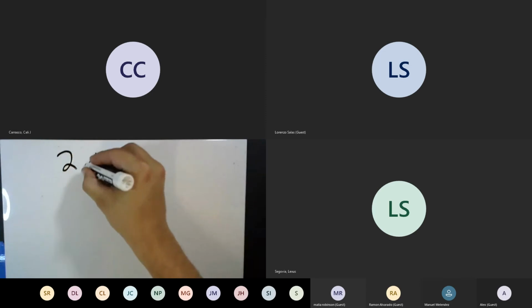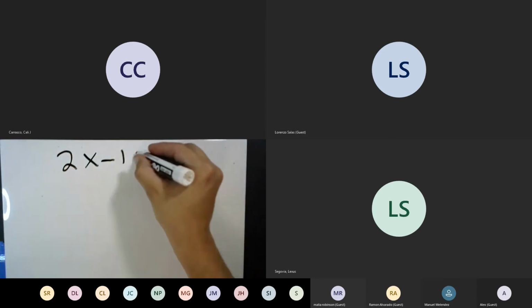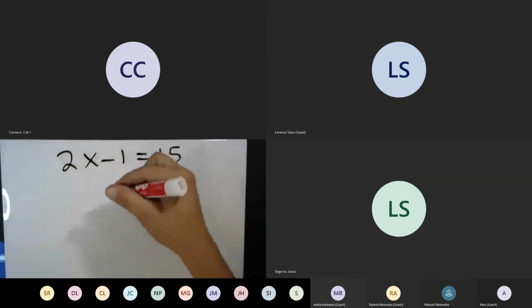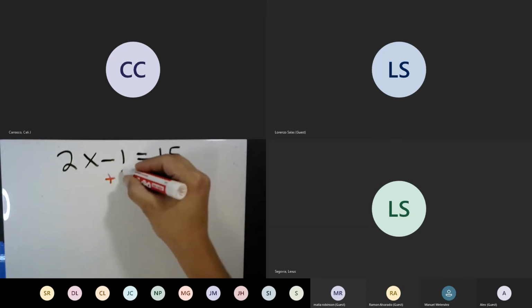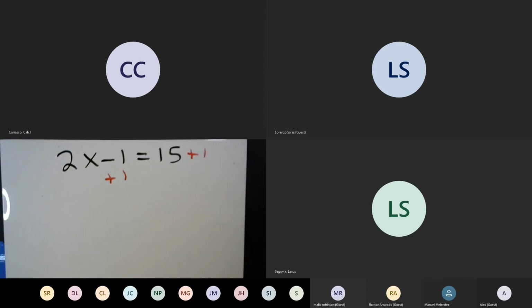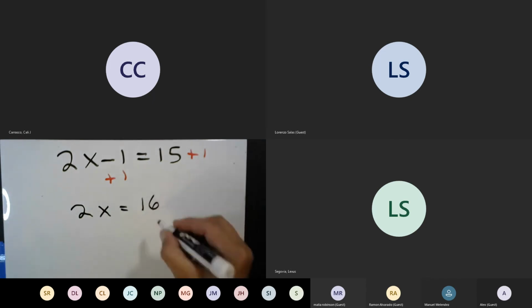So we have 2x minus 1 equals 15. We undo addition and subtraction first. So we get 2x is equal to 16.